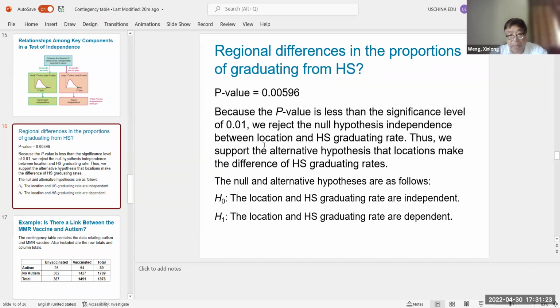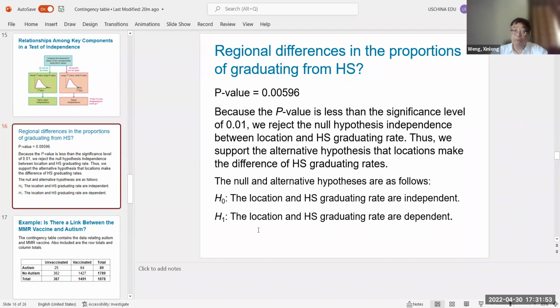Now, because the p-value is so small, definitely less than alpha, we reject H0, as we have done in many exercises before. We reject H0, so we support the alternative hypothesis, H1.